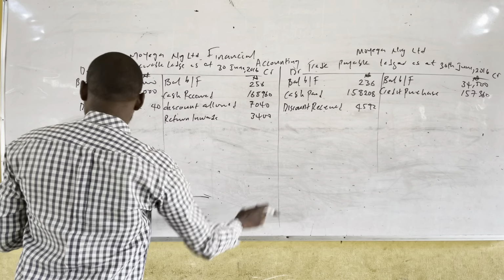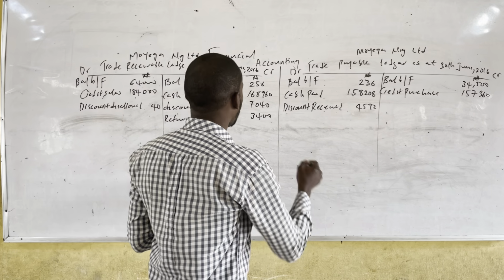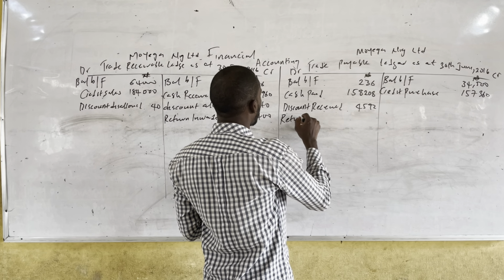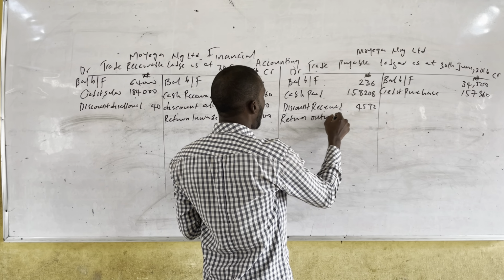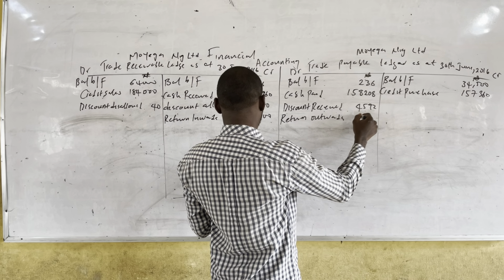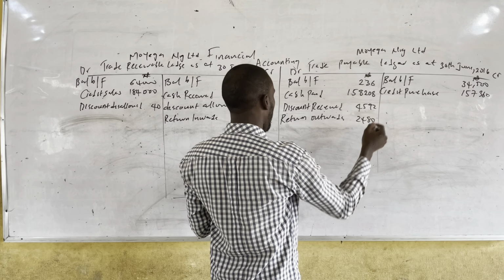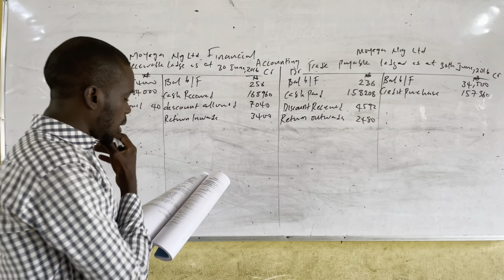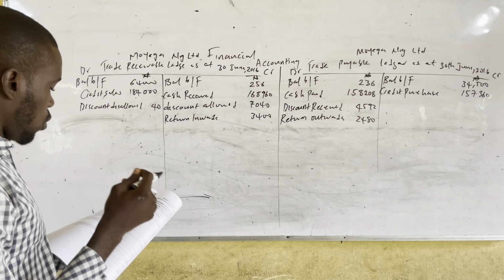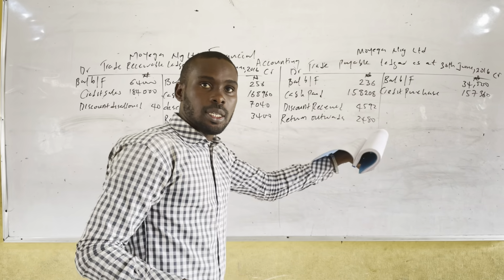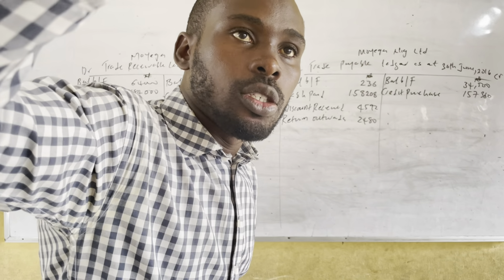So the next one is called return outward. And the next one, bill payable. Payable, we've already said. Okay, the board is blood.